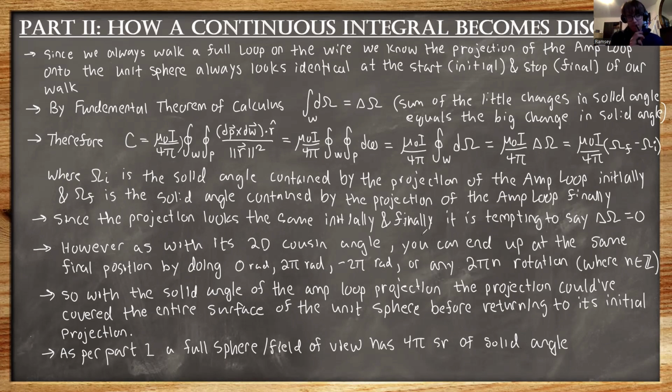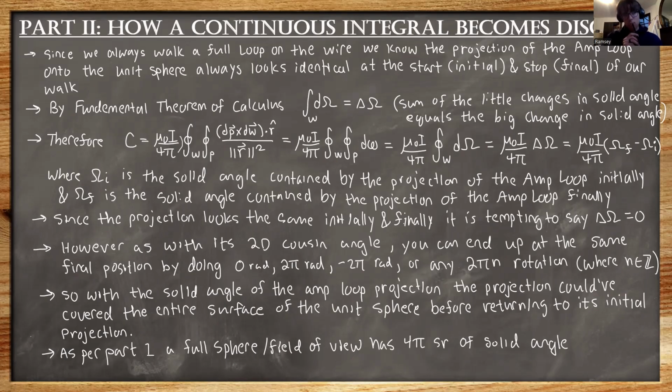Yep. And so with the solid angle of the amp loop projection, the projection could have covered the entire surface of the unit sphere before returning to its initial position. And as per part 1, a full sphere or field of view has 4 pi steradians of solid angle. So that's important to know. With angle, it's 2 pi radians.